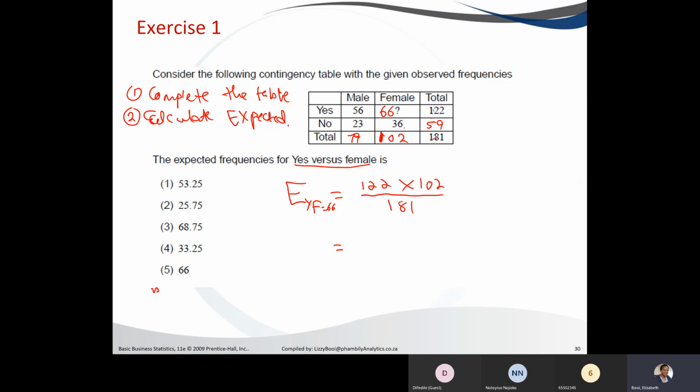What was your answer? 68.75, which is option number 3.